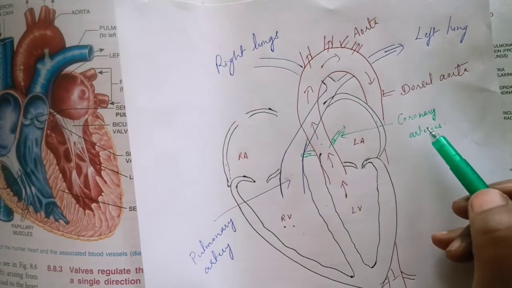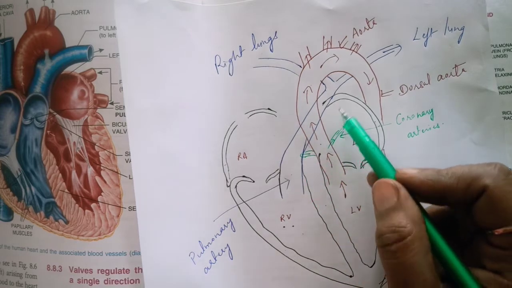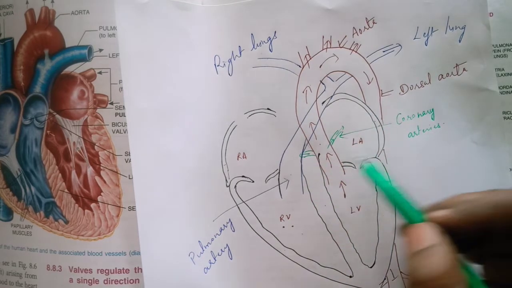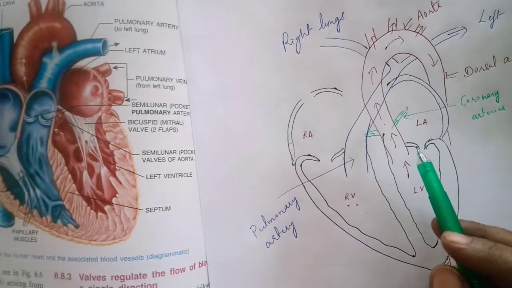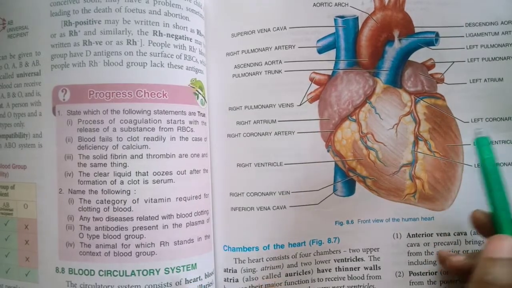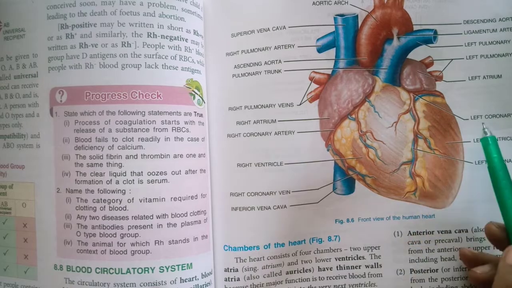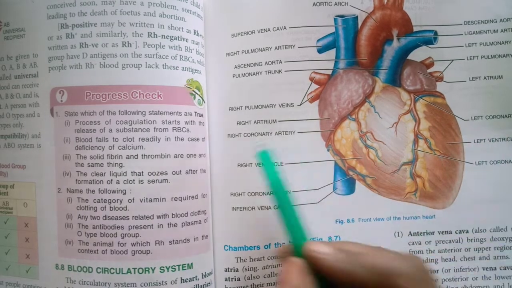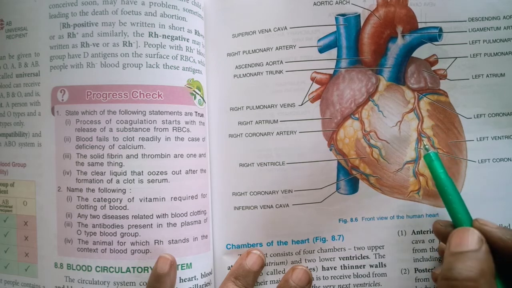Once coming out from the aorta, these coronary arteries give out many sub branches, and they supply blood to all the muscles of the heart. As you can see in this figure, students, the coronary artery has divided into the left coronary artery, the right coronary artery, and again the different sub branches.